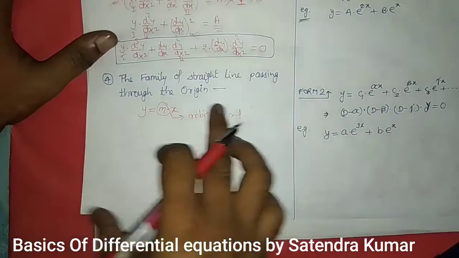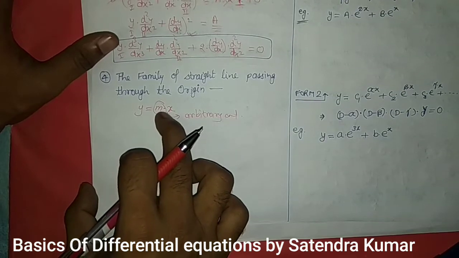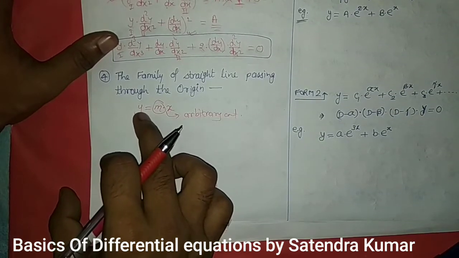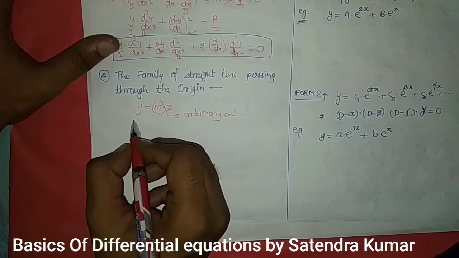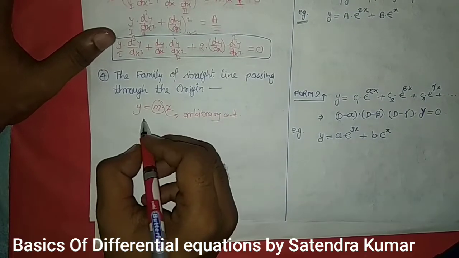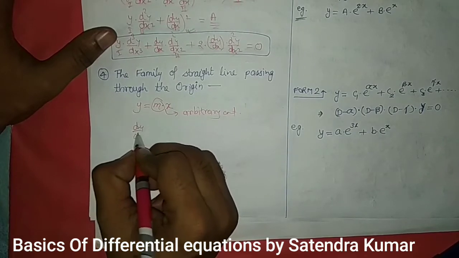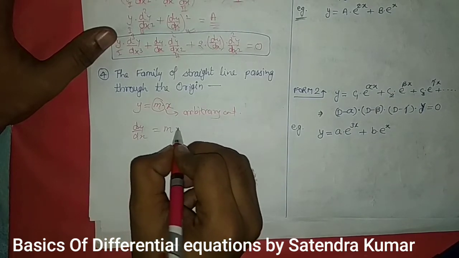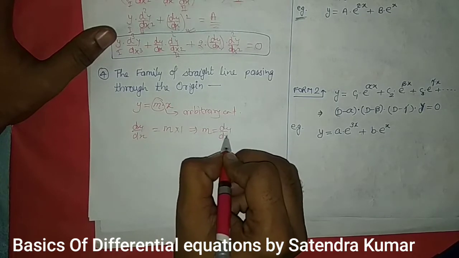So we have to find out the differential equation of the straight line passing through the origin. Here there is only one arbitrary constant, so differentiate the equation only once, so dy by dx is equal to m into 1, that is, m is equal to dy upon dx.